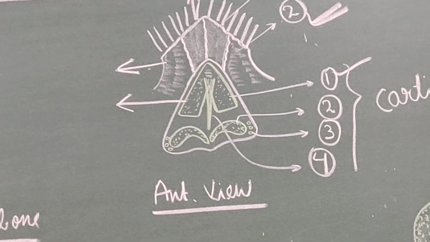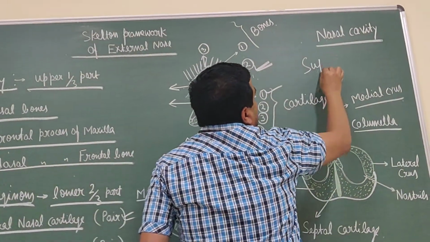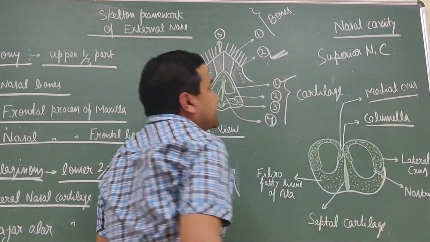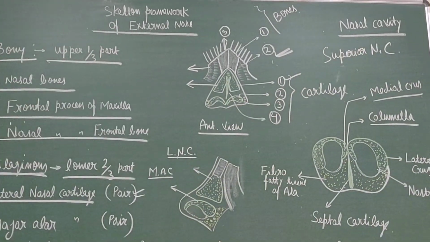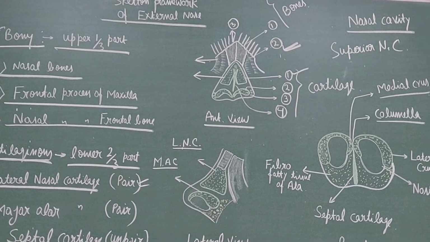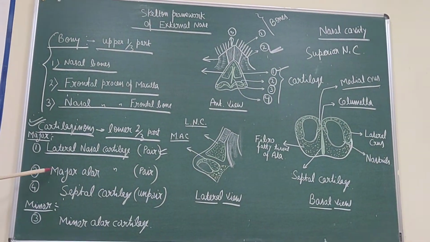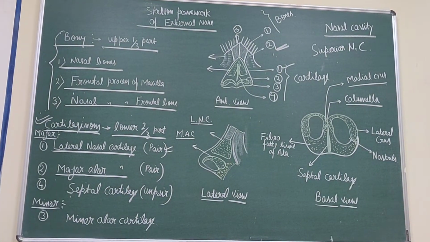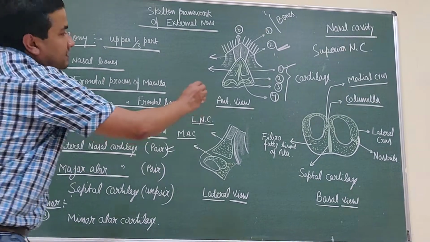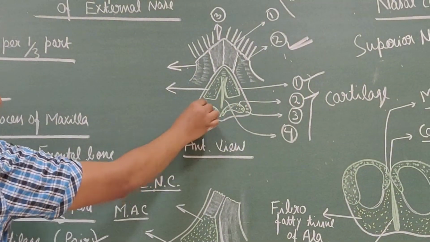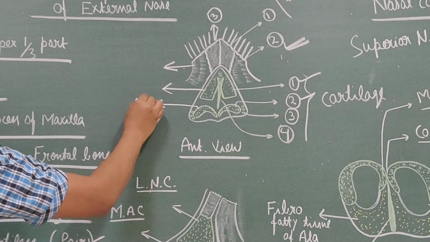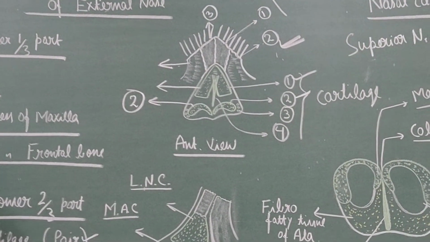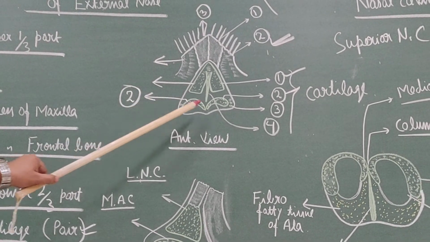It is also known as the superior nasal cartilage. Then it is the major alar cartilage that forms the support of the alar. They are also present in pair, present on both sides.